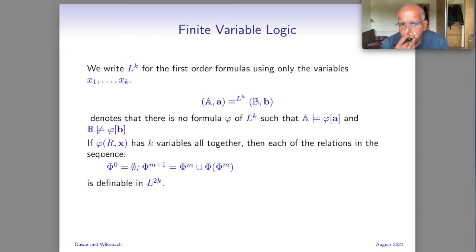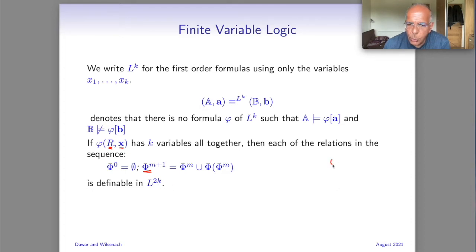Now, if I take a formula which has k variables altogether, including a tuple of free first order variables, and it also has a free second order variable, this formula defines an operator, as we've seen, which then defines a sequence of relations. It turns out that each of these relations is definable uniformly, independently of the structure, by a formula of first order logic using no more than 2k variables.